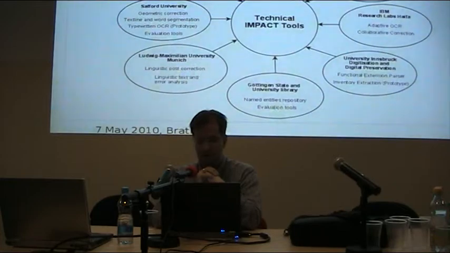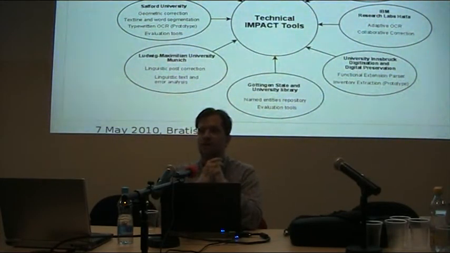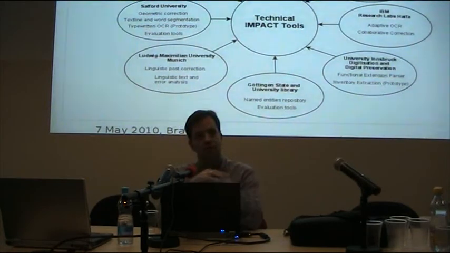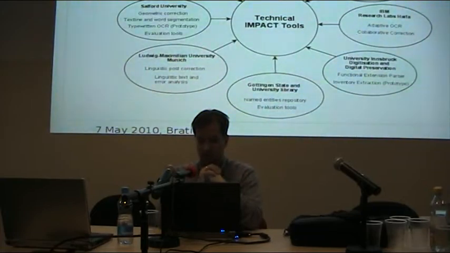And the idea is that all the information gained from such a working session is fed back into the OCR recognition process, so that the result of the work goes back into the recognition process. That's the main idea behind this.